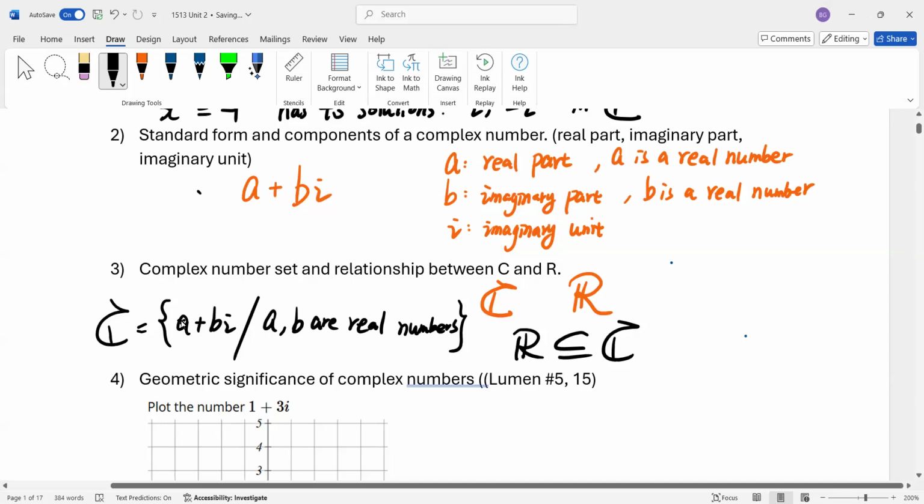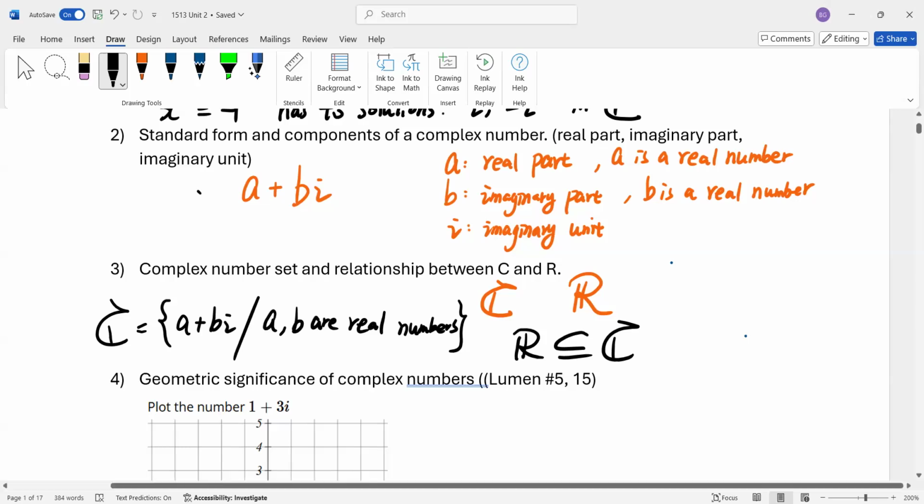Real numbers are complex numbers when the imaginary part b is 0. b here could be 0, right? When b assumes that value 0, then the complex number actually is a real number. Do you see it? When the imaginary part of the complex number is 0, the complex number actually is a real number.